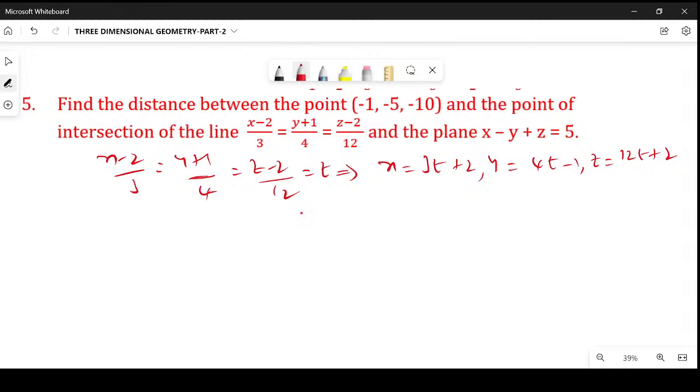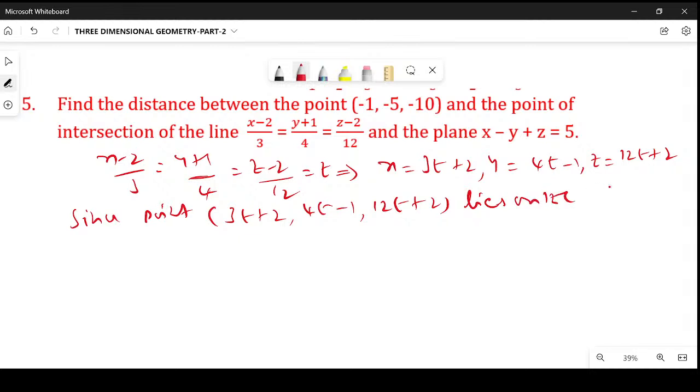So the point (3t + 2, 4t - 1, 12t + 2) lies on the given plane x - y + z = 5.